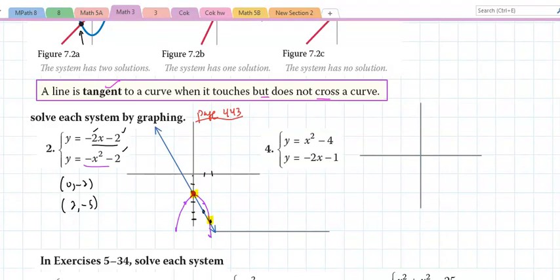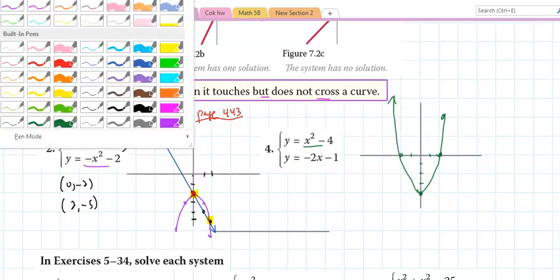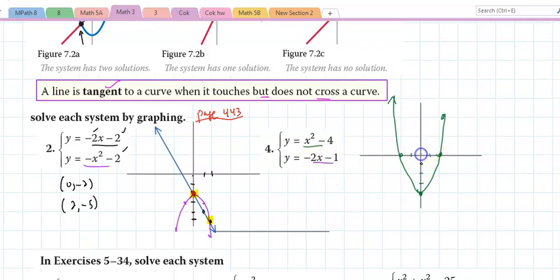If I look at the next problem, sketch a graph of a parabola shifted down 1, 2, 3, 4 units. The parabola looks like this. And again, a line starts at -1, rise 2 down, 1 to the right. If I connect this with a straight edge, meaning a ruler, again we have another problem.